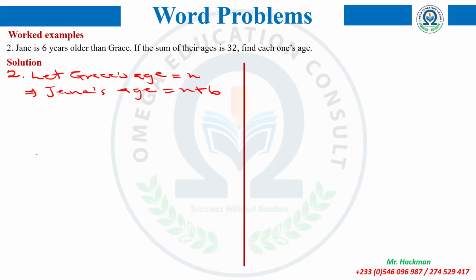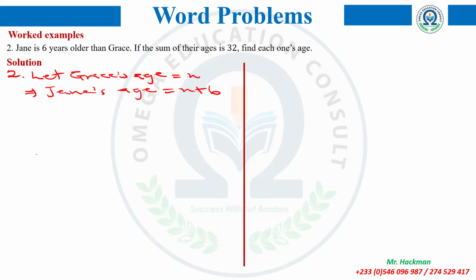So these are their present ages. Now let's see whether the information you are given to form the equation is about the past, the future, or their present ages. The sum of their ages is 32. Have you mentioned any past age? Any future age here?